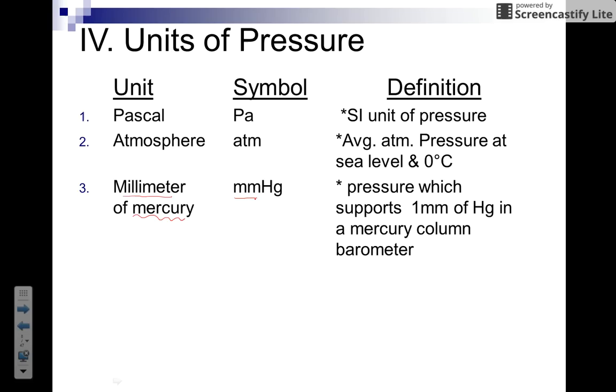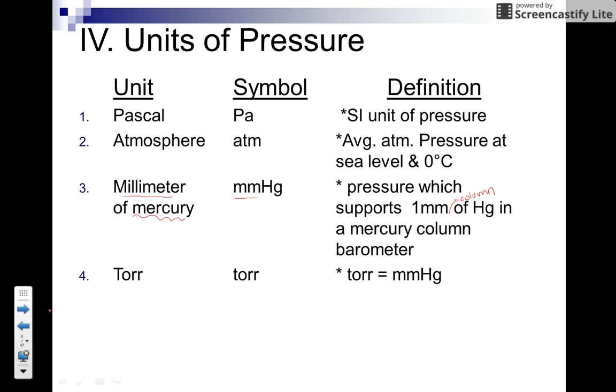So the unit that we use for this pressure is mmHg. Now the definition of millimeters of mercury: it's the pressure which supports a 1 millimeter column of mercury in a mercury column barometer.